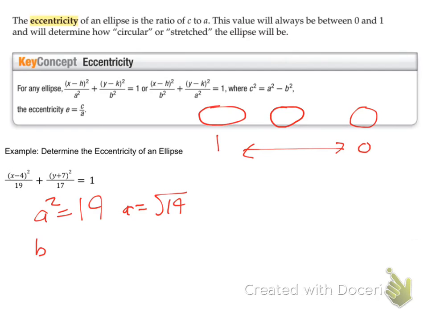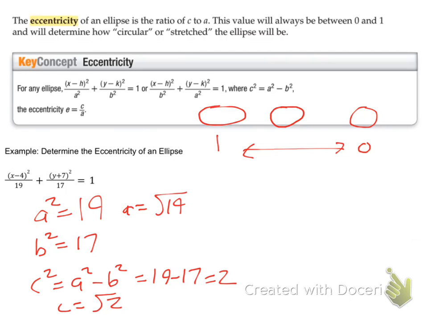B squared is what? 17. Do I actually care what b is? No. But I need to know c squared. So c squared is a squared minus b squared, which is 19 minus 17, which is 2, which means c is equal to the square root of 2.